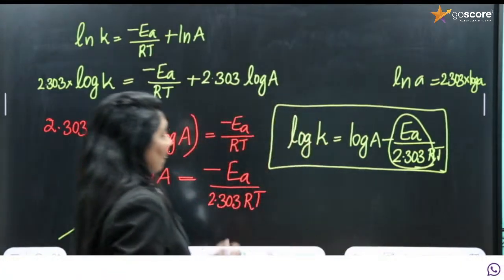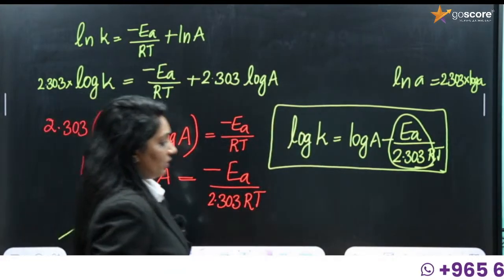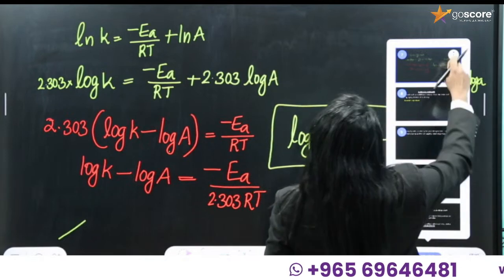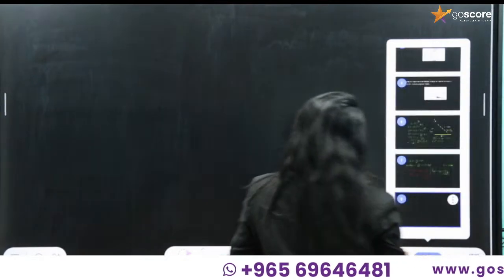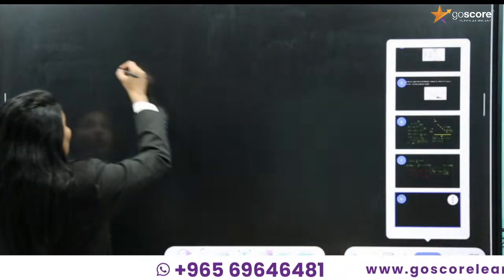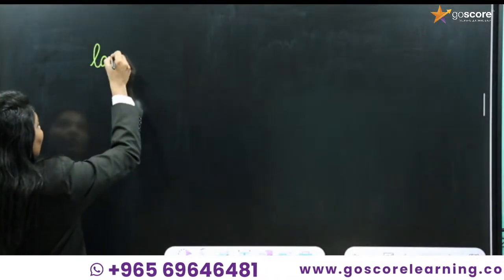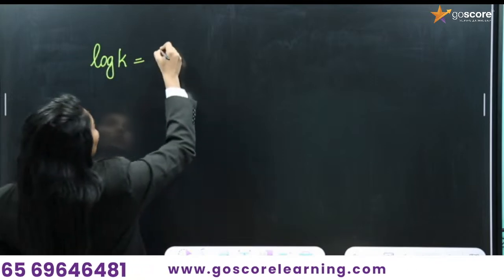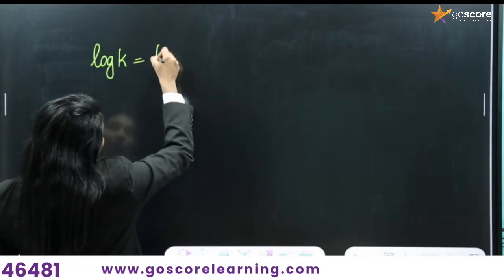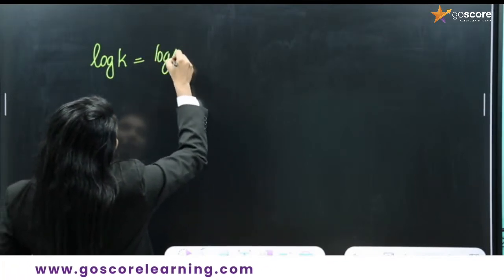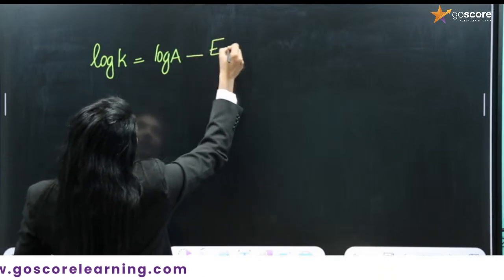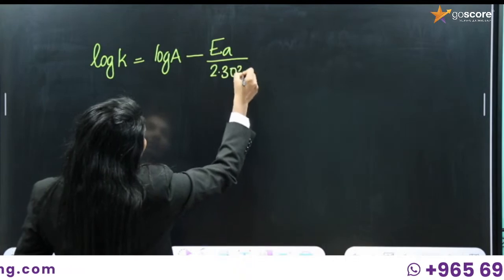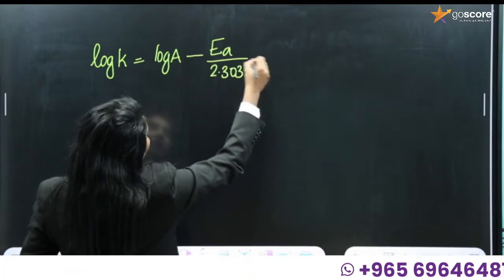Now another important equation here is, so here what we got now, log K is equal to log A minus EA by 2.303 RT, right?